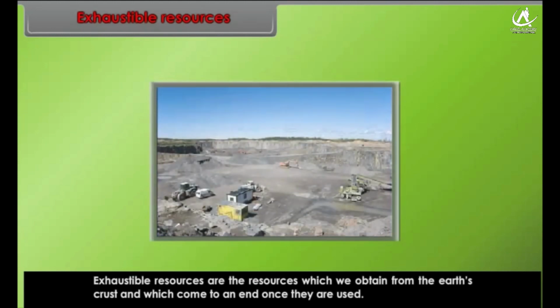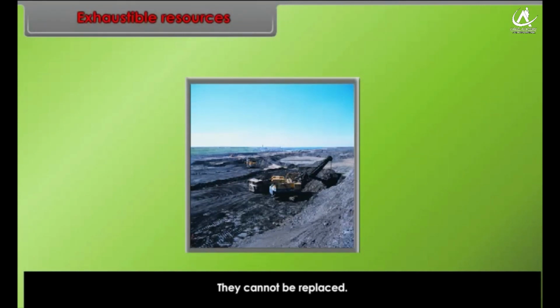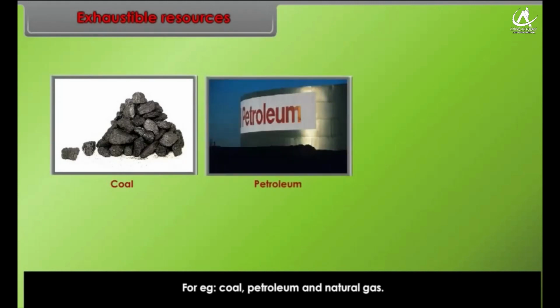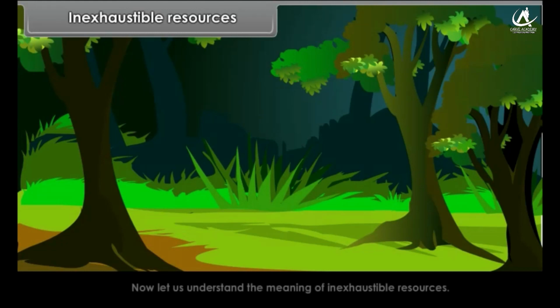Exhaustible resources. Exhaustible resources are the resources which we obtain from the Earth's crust and which come to an end once they are used. They cannot be replaced. For example, coal, petroleum and natural gas. Inexhaustible resources. Now, let us understand the meaning of inexhaustible resources.